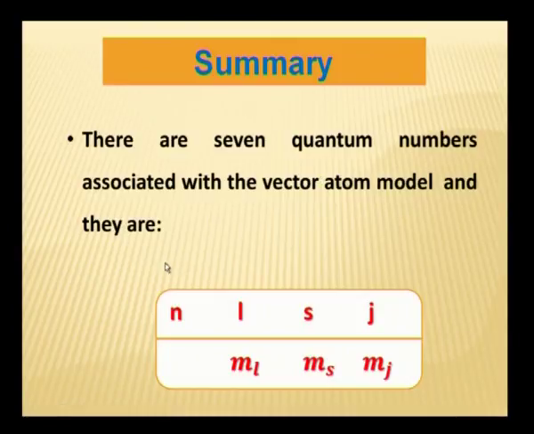You have n, L, S and J, and I also mentioned the projections of L, S and J, namely ML, MS, MJ. All these 7 quantum numbers ought to be taken into account to find the number of electrons in a subshell and finally in the main shell.